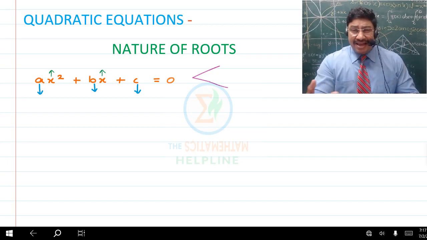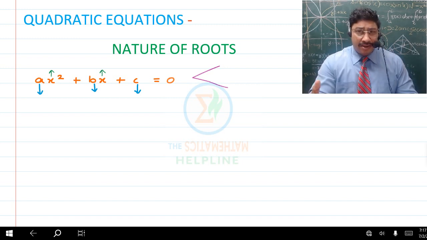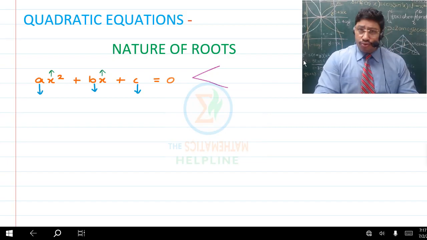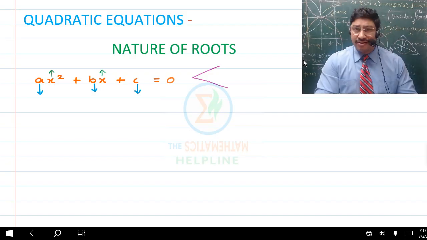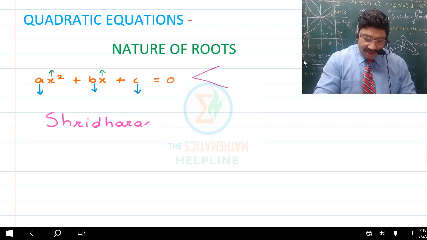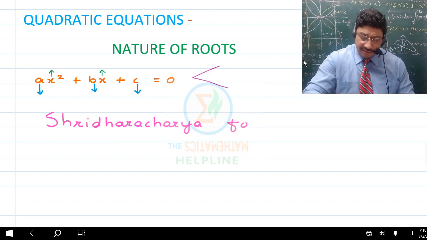Now let's get ahead and try to find out what these roots are going to be. In order to find them, we have a formula method, and that was actually given by an Indian mathematician by the name Sridharacharya, right? So the rule, this formula, with the help of which we can find out the roots or the zeros, is known as the Sridharacharya formula.